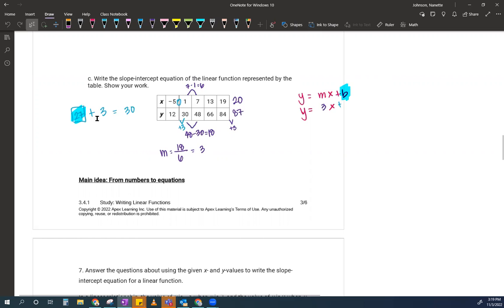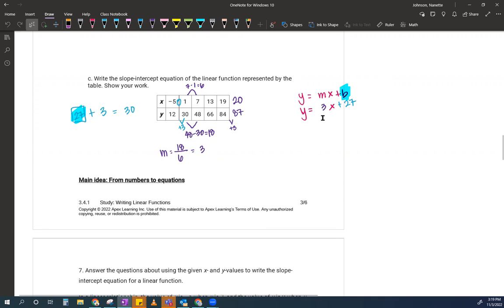And then I told you I was going to find you one more way to do this. Another kind of slick way to figure out what your b is: I don't know what my b is, but I do know that y equals 3x plus b.